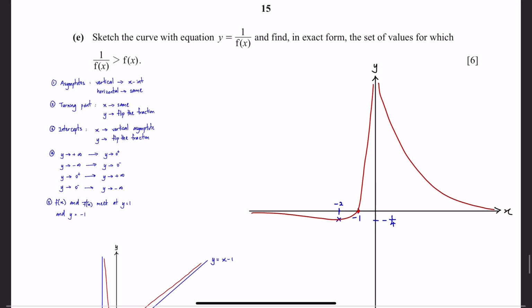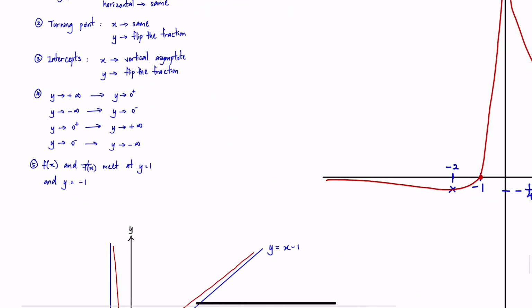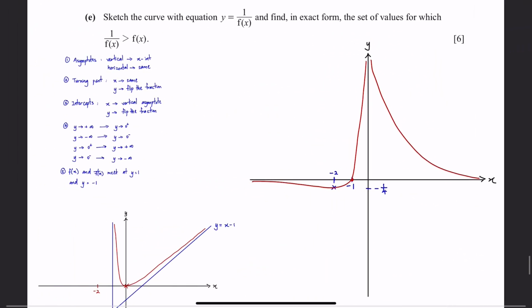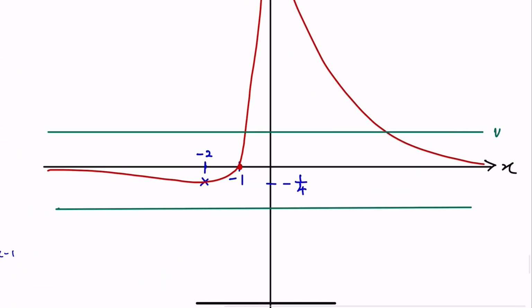And now we have to find the set of values for which 1 over f(x) is larger than f(x). Okay, now it's time to look at the fifth point. f(x) and 1 over f(x) meet at y equals 1 and y equals negative 1. That means if I have a line here and a line here, this is y equals 1 and y equals negative 1.